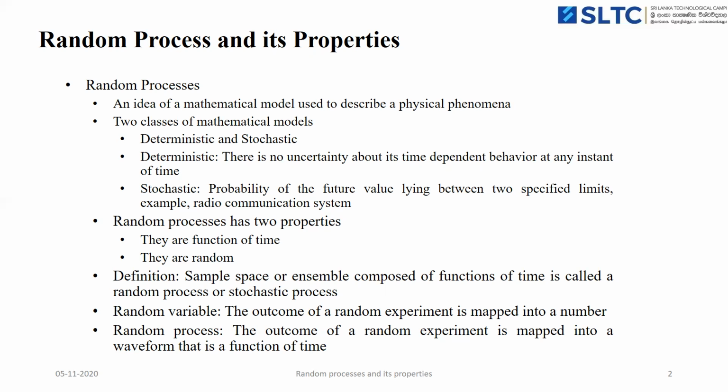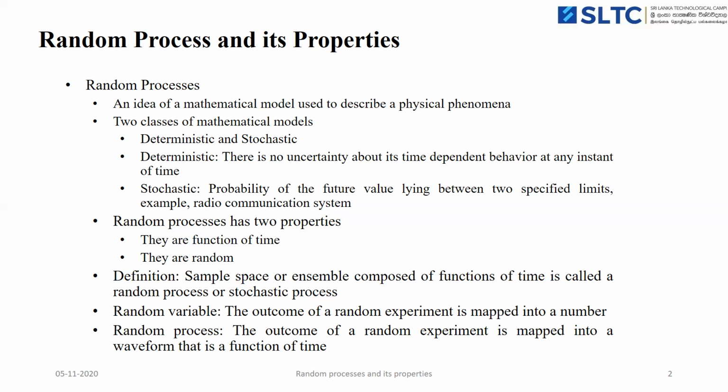Which means that for a deterministic signal, there is no randomness in any time-dependent behavior. Then the stochastic is a random process. In that case, the future value can be predicted only in terms of probability, between two specified limits.